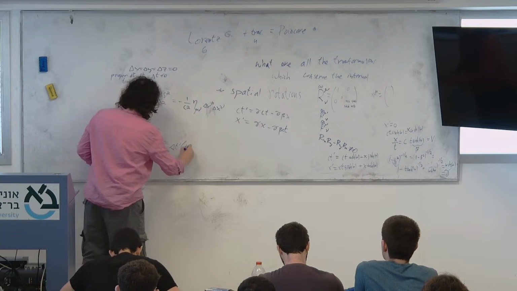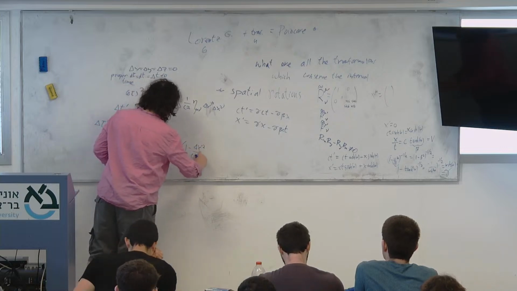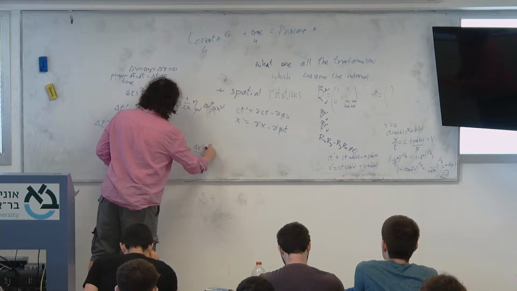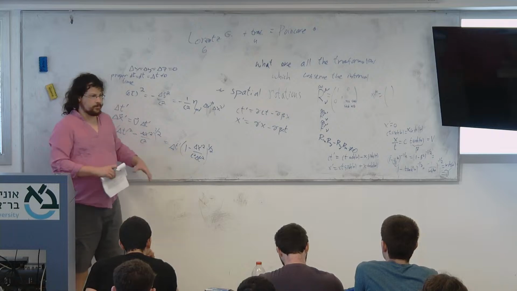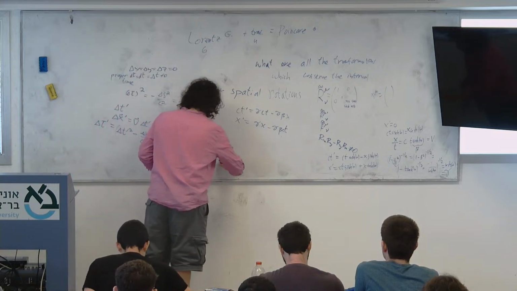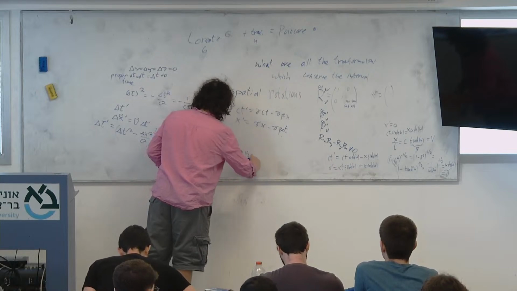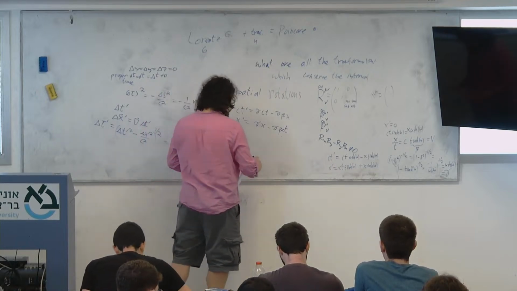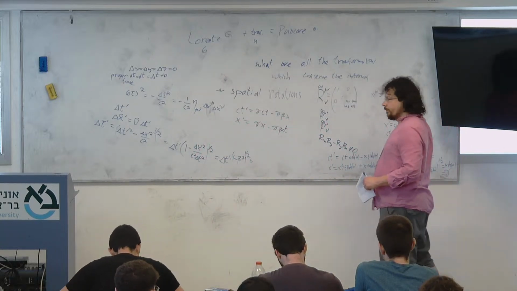Then on the inside I have 1 minus delta x prime squared over c squared delta t prime squared square root. And this is by definition just beta. So we have delta t prime times 1 minus beta squared square root. And this is of course exactly, this brings me back to my gamma, or 1 over gamma.